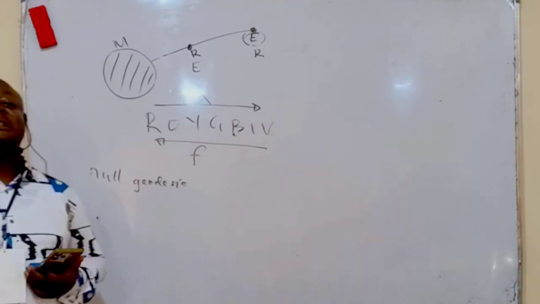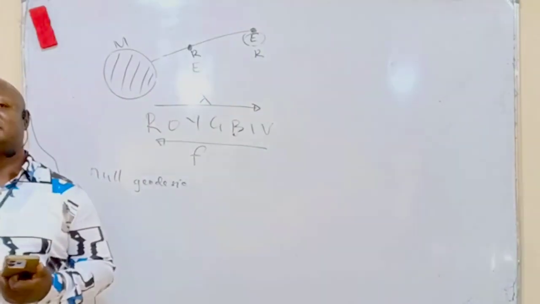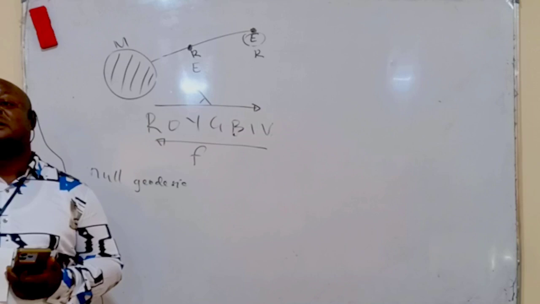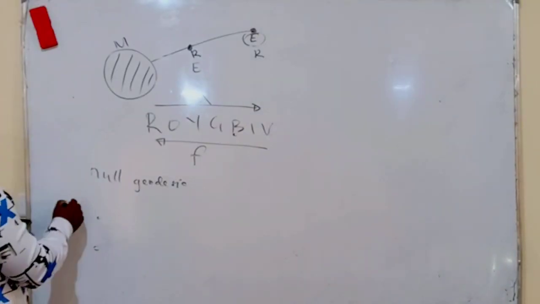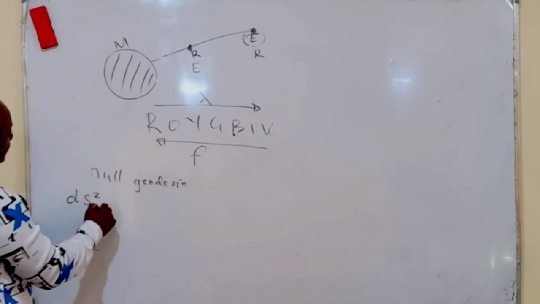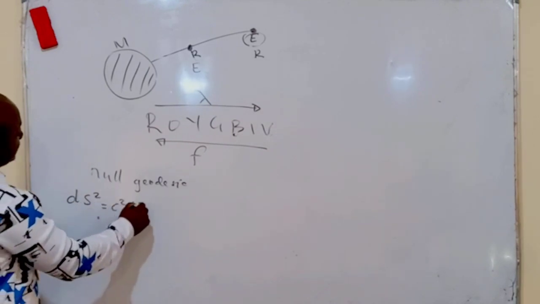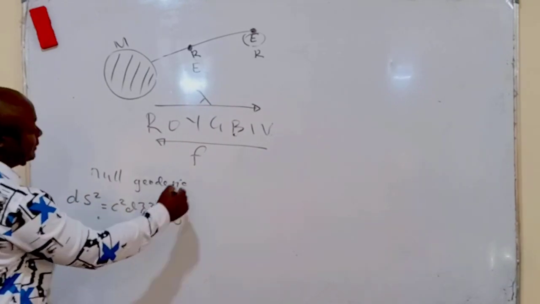Light moves along a null geodesic. And what do we mean by a null geodesic? What we simply mean is that ds squared equals c squared d tau squared equals 0.